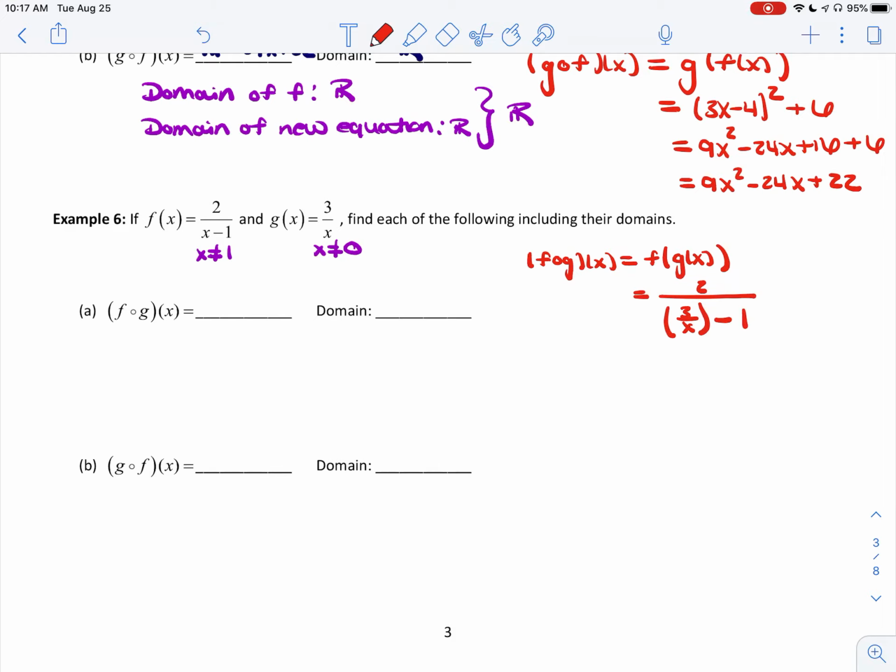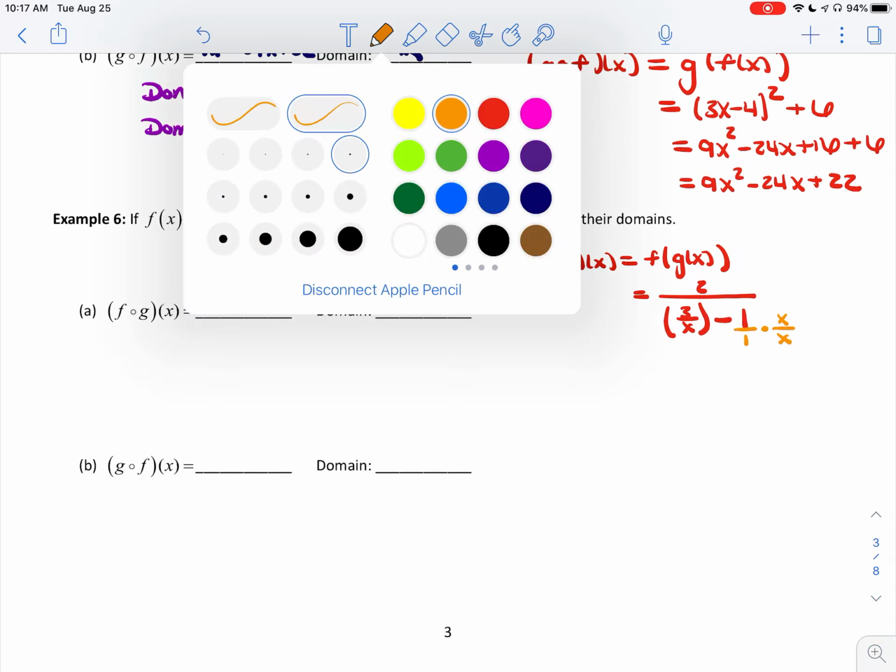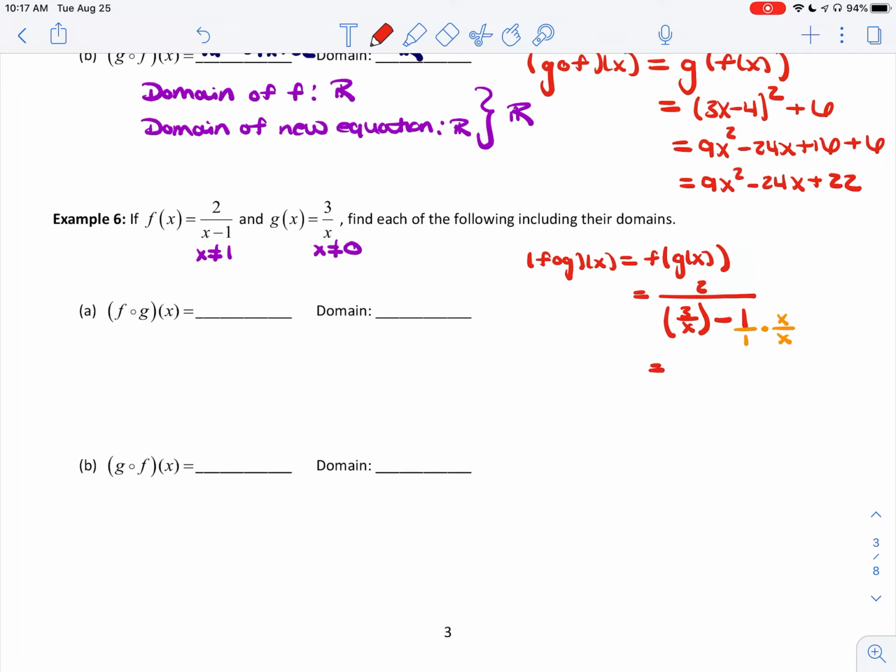All right, so now to simplify this, we want to go ahead and get a common denominator down here. So I'm going to think of my 1 as being 1 over 1, and then multiply it by x over x to get that common denominator. All right, so then this would become 2 divided by, on the bottom here, we would get 3 minus x all over x.